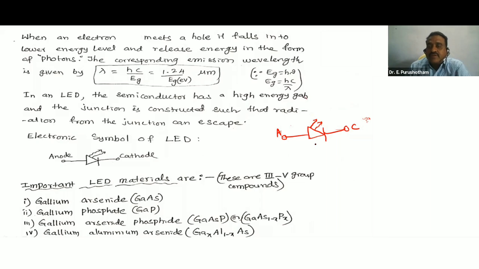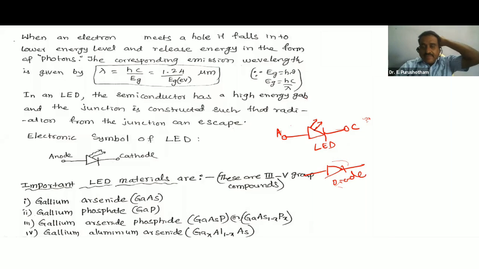This is the LED symbol. So you clearly observe the normal diode and the LED. For a normal diode, there is no light. Just we are taking this light emitting. So that is LED, light emitting diode. That is the symbol of LED.